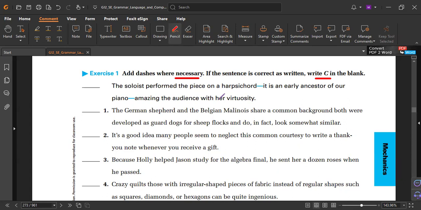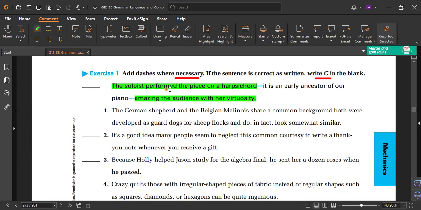Is it correct? Let's check. Here, this part with this part. If the first part before the first dash completes the meaning with the part after the second dash, then the dashes are in the correct places. Now let's read.